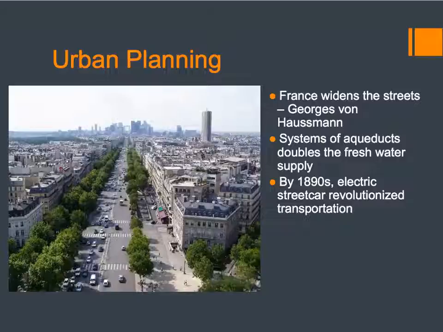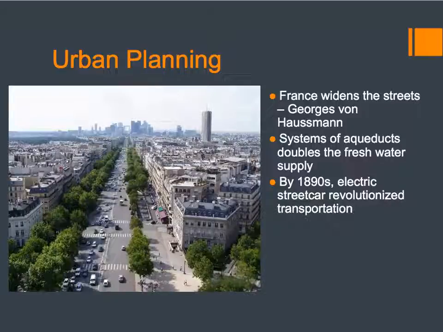And then an electric streetcar by 1890 is going to revolutionize transportation, so that people can go to and from and not have to take the muddy streets and walk. People can get spread out and not live so close to their jobs, so you don't have to all live on top of each other close to the factory.